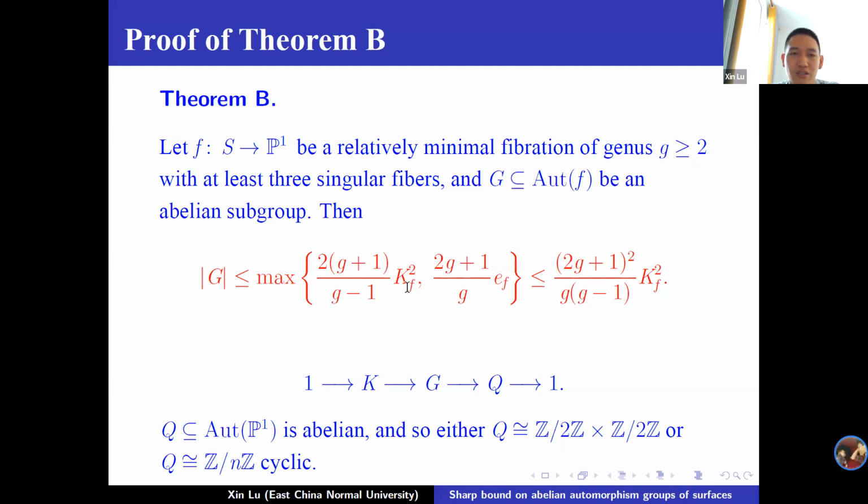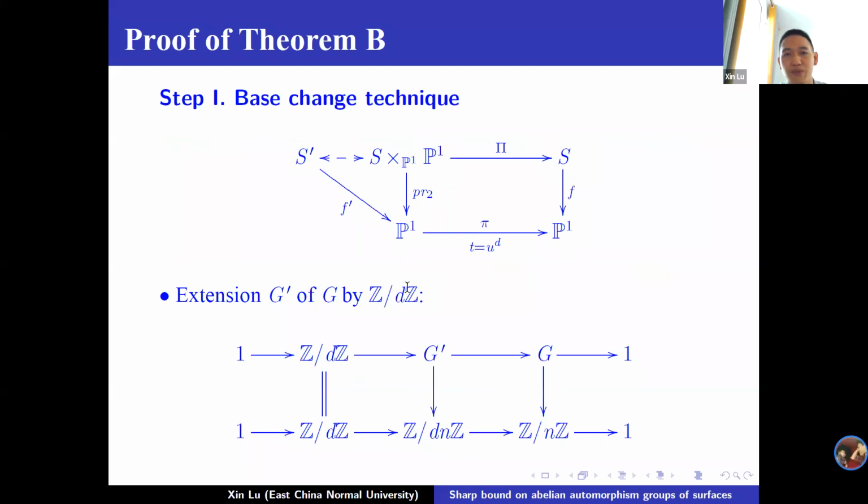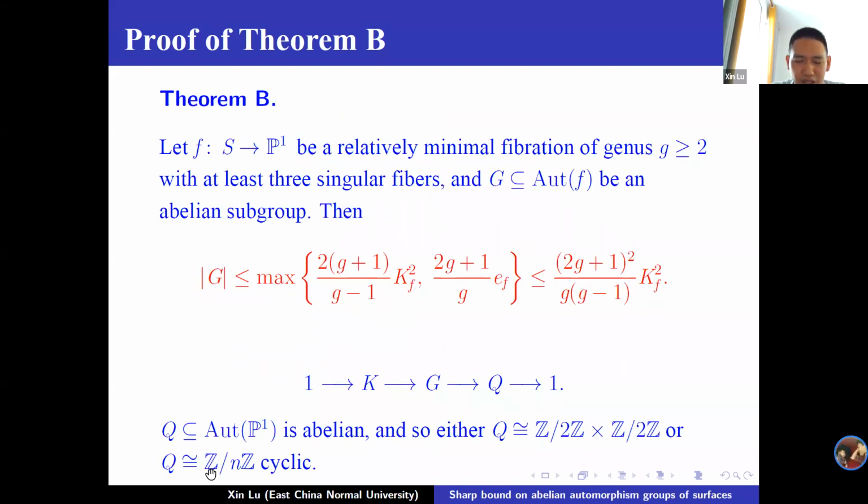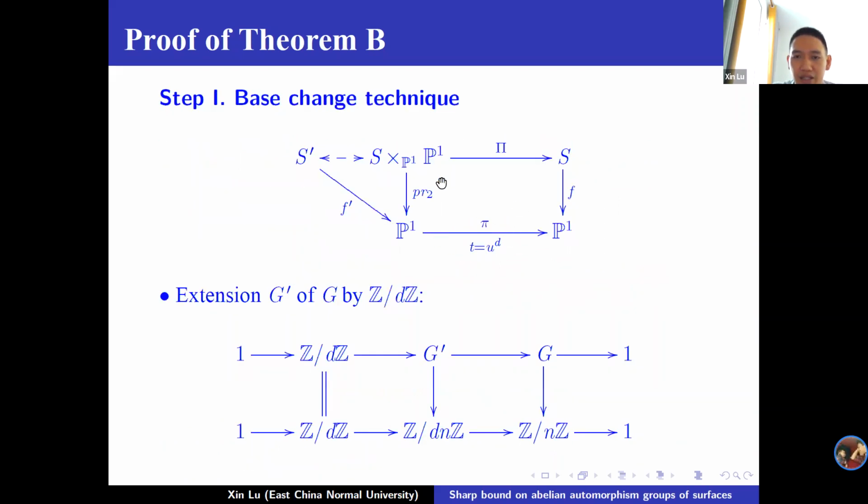To prove this theorem B, the first step is the base change technique. If the group Q is cyclic, it is locally like the map t to zeta times t, and then we can do some base change.